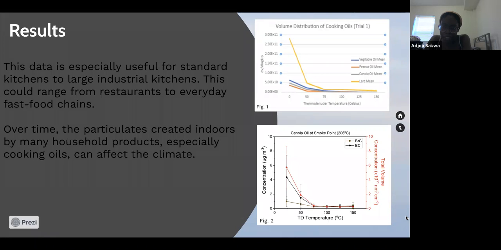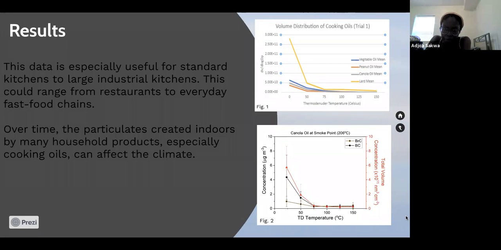On the x-axis, you can see the thermodenuter temperatures being set from 21 degrees Celsius to 150 degrees Celsius, and 150 degrees Celsius and up was to emulate regular industrial kitchen deep frying temperatures.